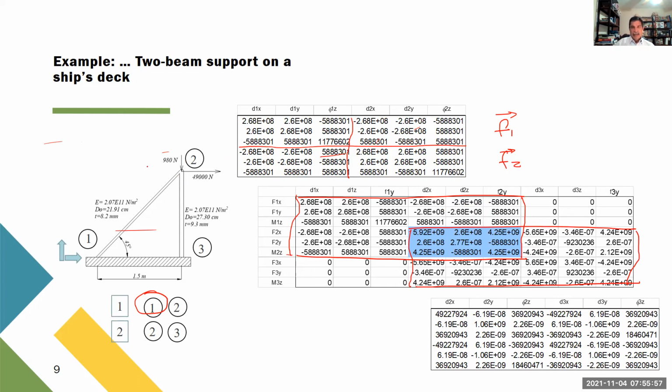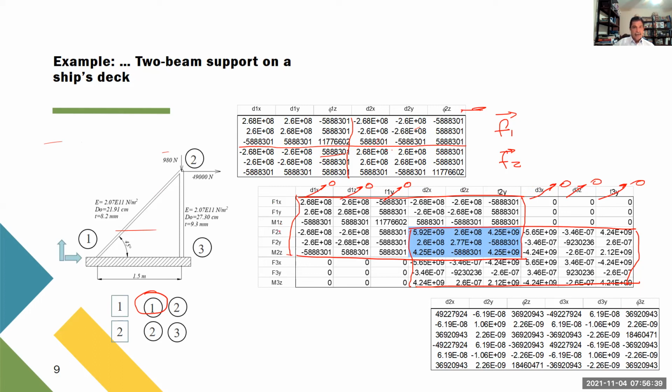Again, we see here that D1X is 0, D1Y is 0, phi is unknown, D2x is unknown, D2y, phi is unknown. This is 0. I'm sorry, this is clamped, so this is also 0. This is 0, and this is 0. Now, F1x is unknown.